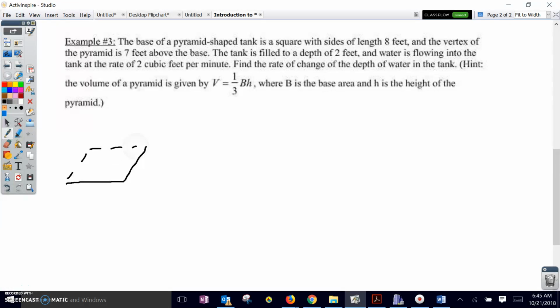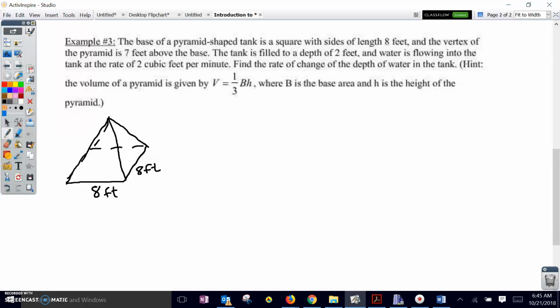You guys know I'm not the greatest artist in the world. But my pyramid looks roughly like that. And we're told that the tank has a base that has squares with sides of 8 feet.